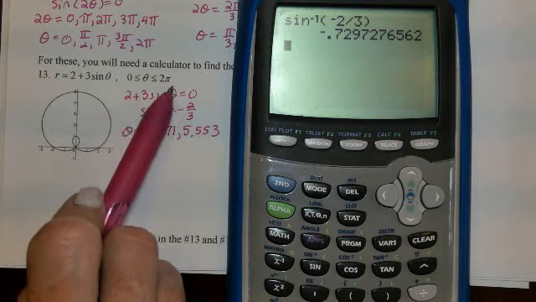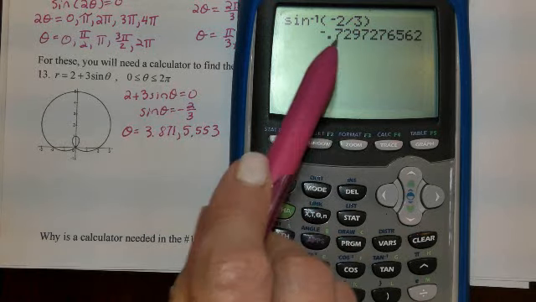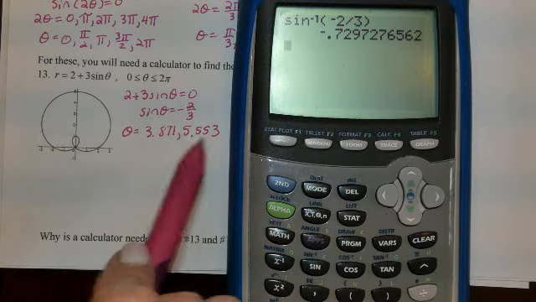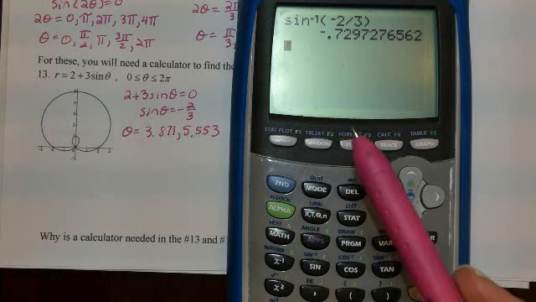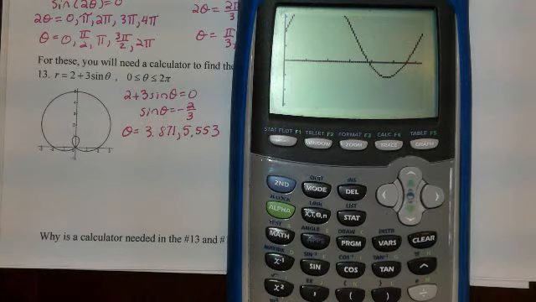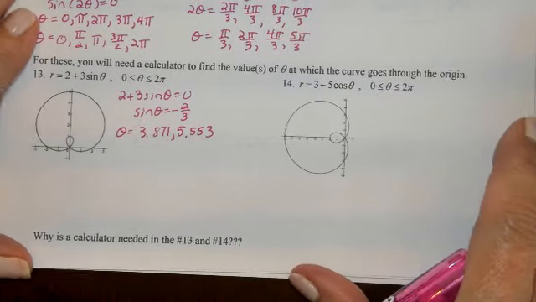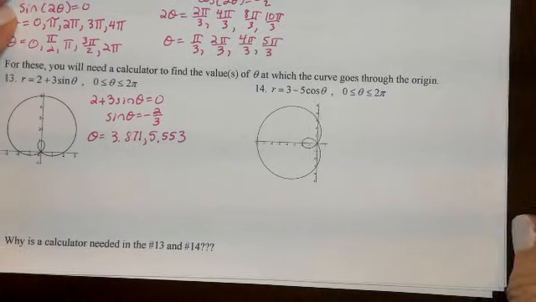It's not in my domain. So then you'd have to mess with it to get these two values. Why do that to yourself? Why not just go and find them on the graph? That's my thought on that. But if you really want to mess with those, go for it.